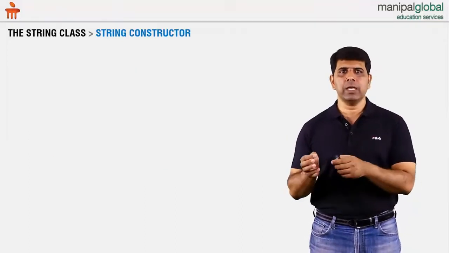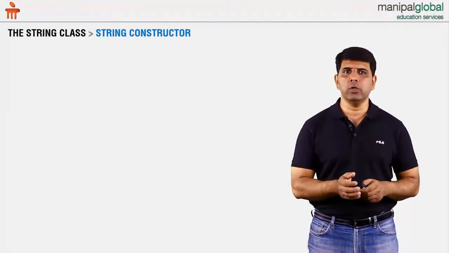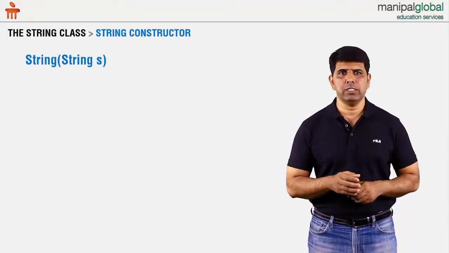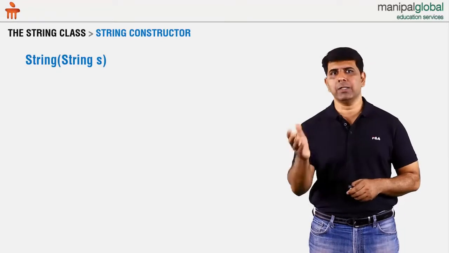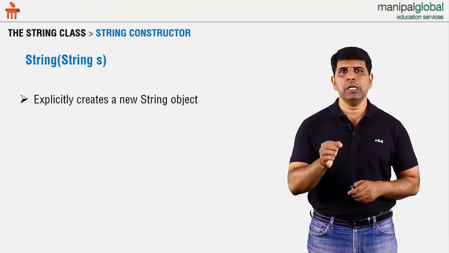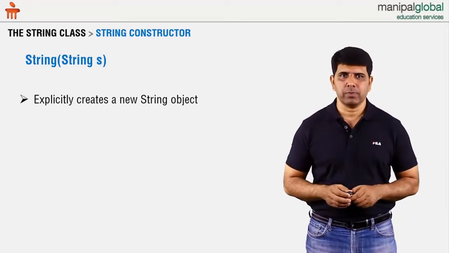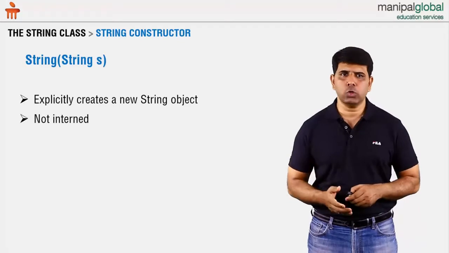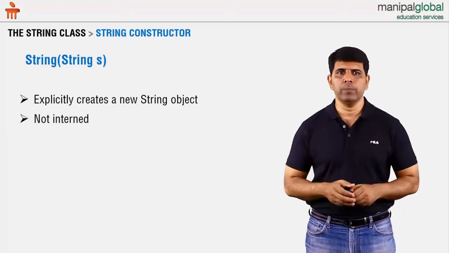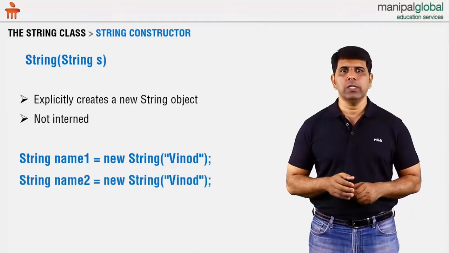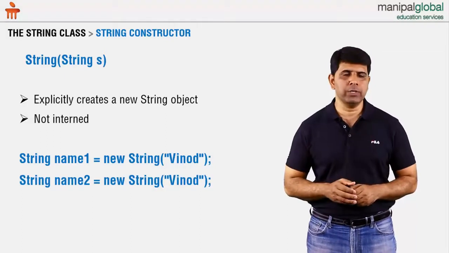Now instead of assigning a string literal to a string variable, you can also use a string constructor. A string constructor simply takes another string object or a string literal, so it explicitly creates a new string object. Obviously, if you call this twice, they never get stored in the intern pool. So name1 equals new String("Vinod"), name2 equals new String("Vinod").